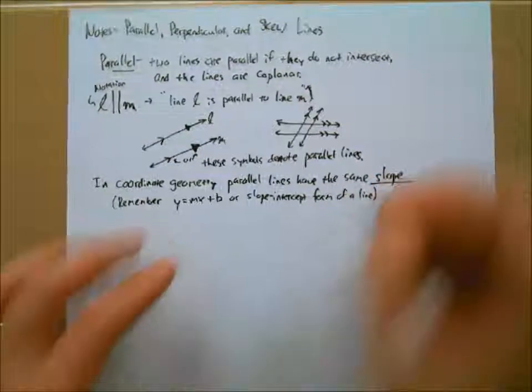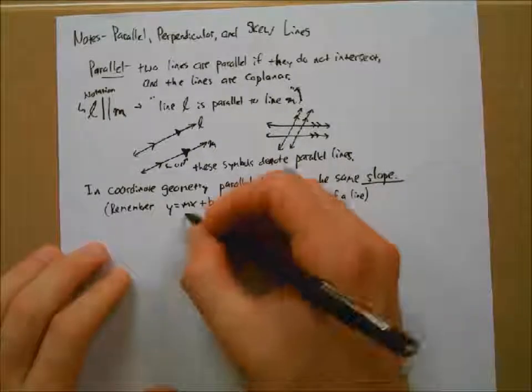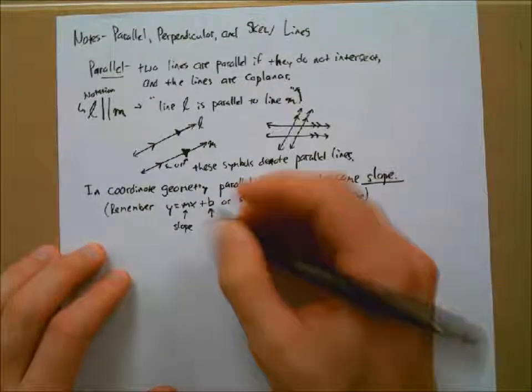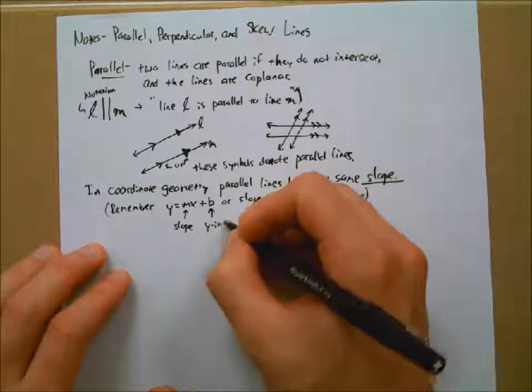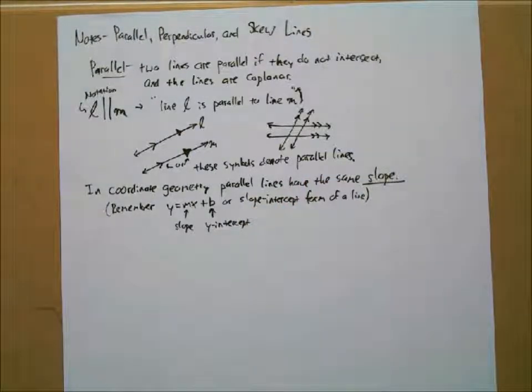Okay, the m represents what characteristic, what aspect of our line? It is the slope. And then b is the y-intercept. Okay, the y-intercept.